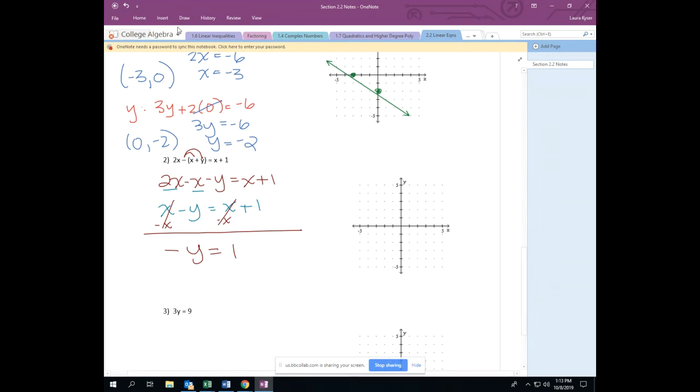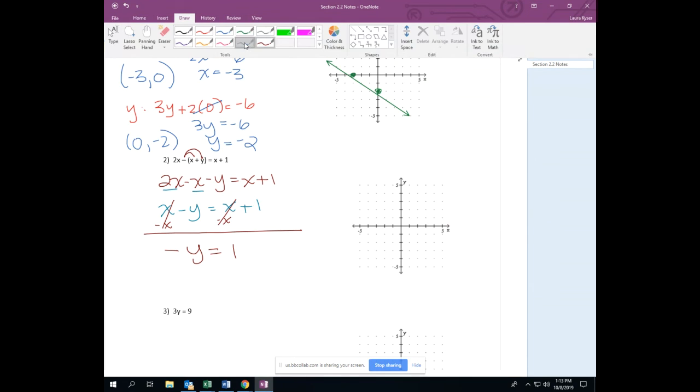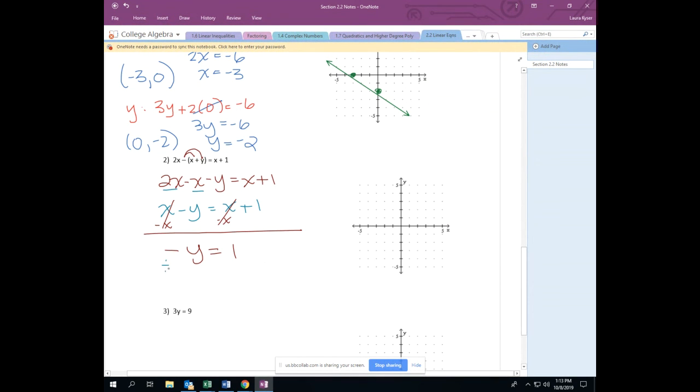So in this scenario, you want to actually solve for that variable. So we're going to divide by negative 1. And that gives me y equals negative 1. And this is the equation of a horizontal line.